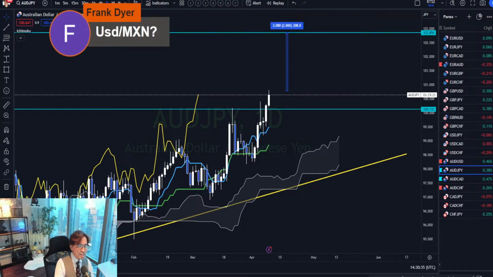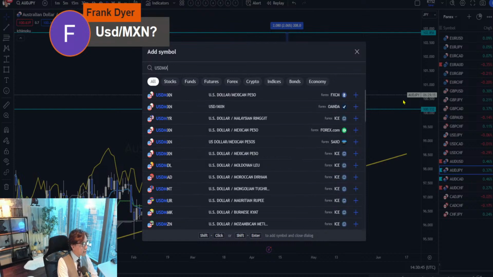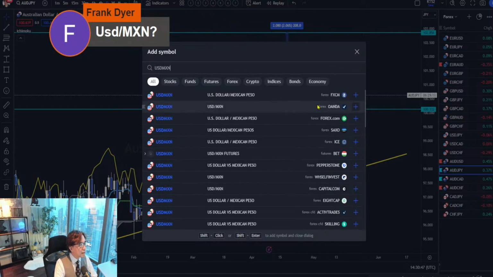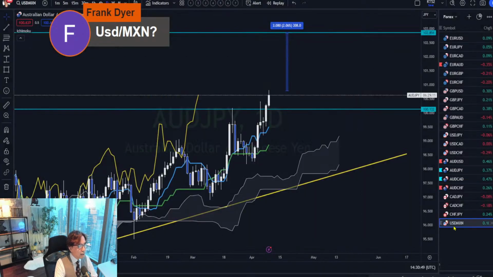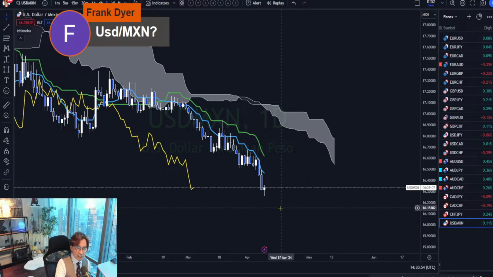Frank says USD MXN. Okay, let me check. So is it above or below Kumo is the first question you better ask in the daily time frame. So USD MXN. Okay, so this is clearly trending down because the price is below the Tenkan-sen, Kijun-sen, Kumo, and the Chikou span is below the candlestick.